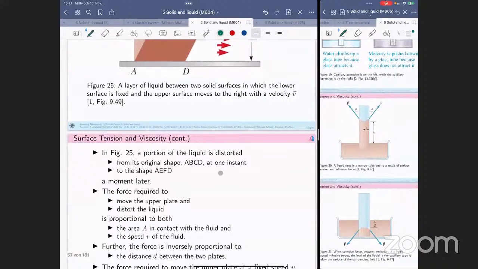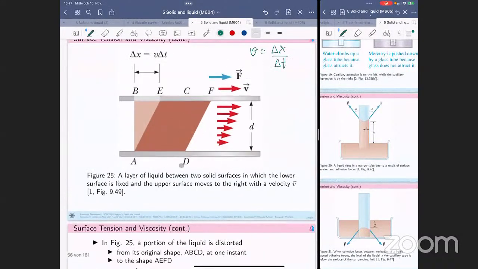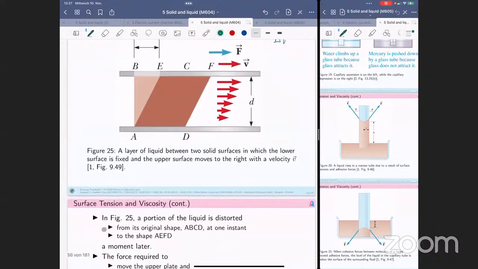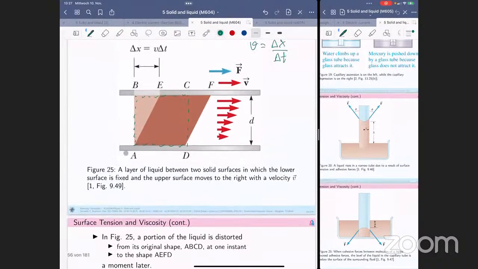and in figure 25, a portion of liquid is distorted from its original shape A, B, C, D. Before that you have the shape of liquid like this, right? This one. But when that one moves, it's gonna bend like this, into the shape AEFD, right?